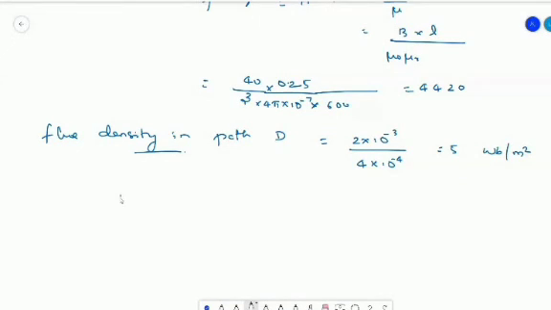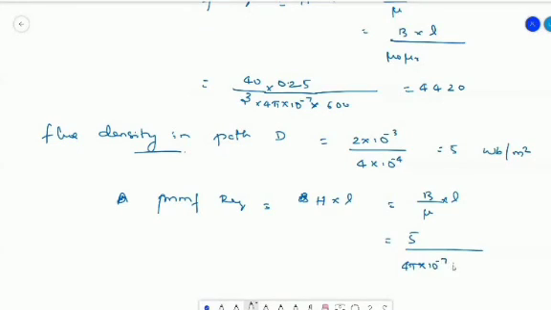And in this case, what will be the MMF required? It will be again H into L, which is B by mu into L. So flux density is 5, and mu is mu 0 into mu r, and L is again given to be 25 centimeter.